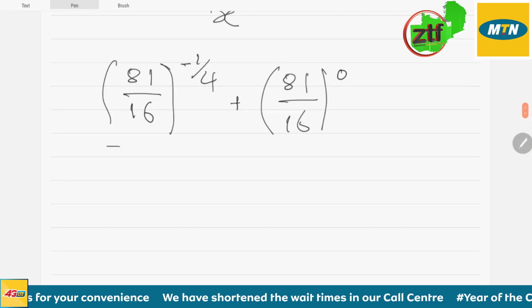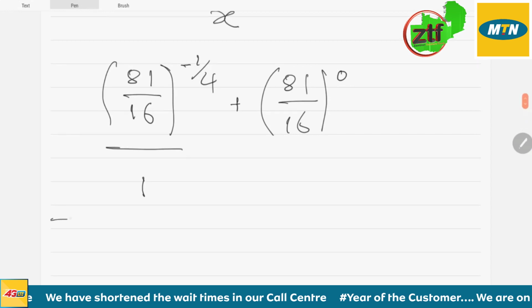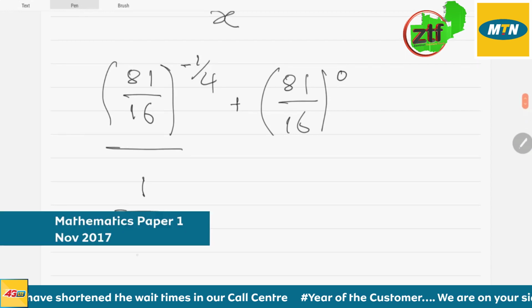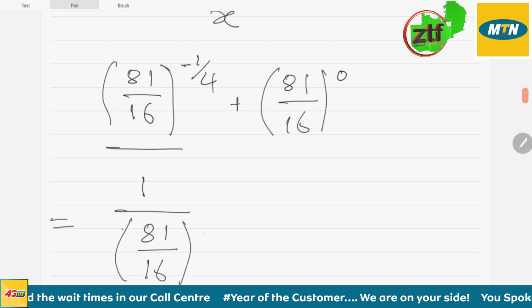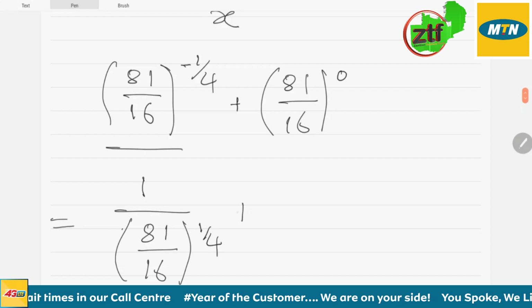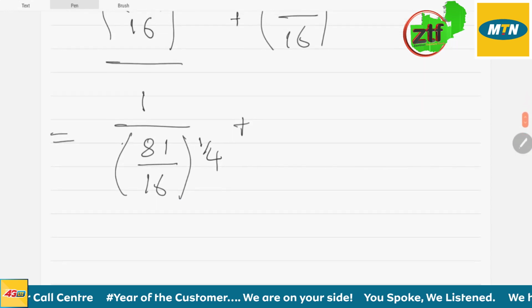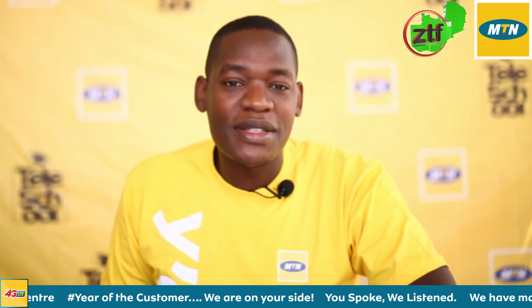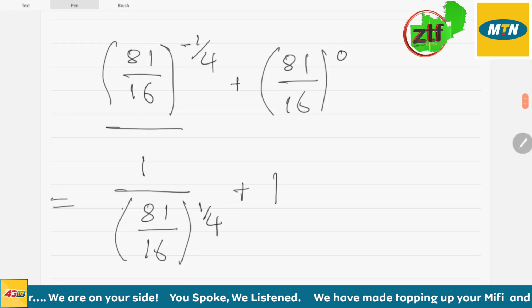So the first term, 81 over 16 raised to the power negative 4, can also be written as 1 over 81 over 16 raised to the power positive 4. Plus, now you need to realize that any number raised to the power 0 is positive 1. Any number raised to the power 0 is positive 1. So 81 over 16 raised to the power 0 gives us positive 1.